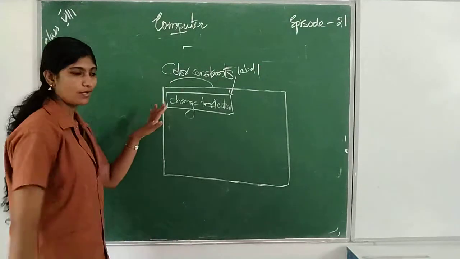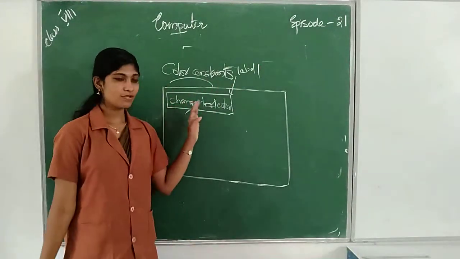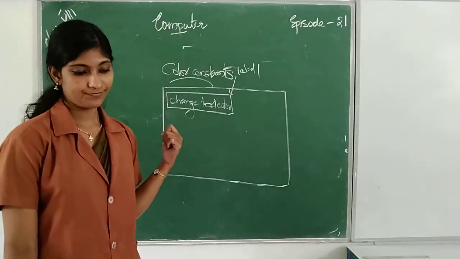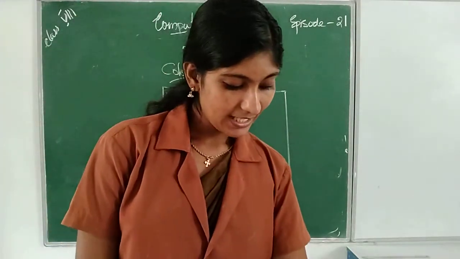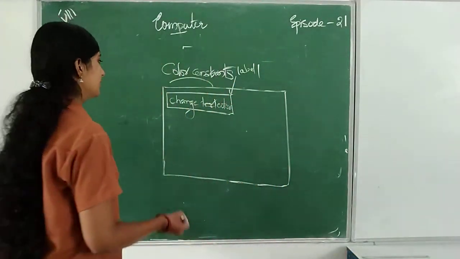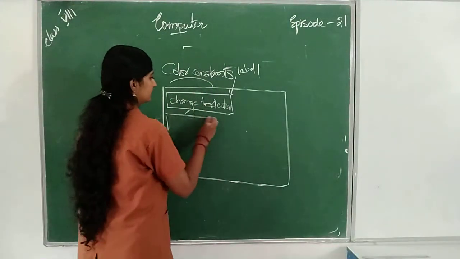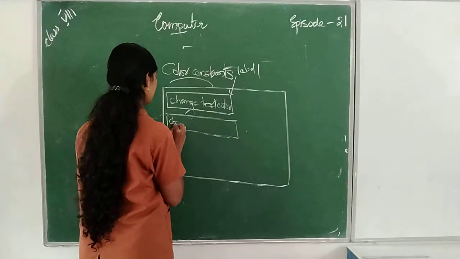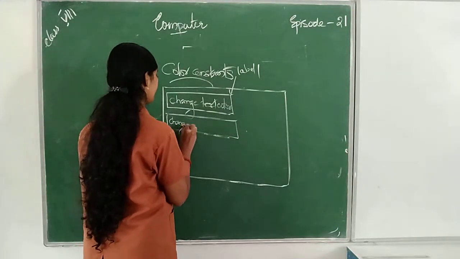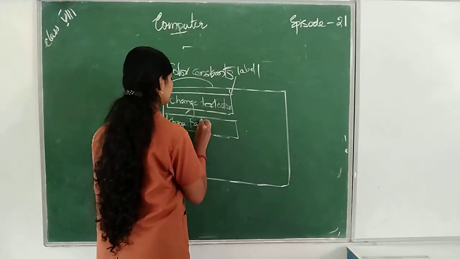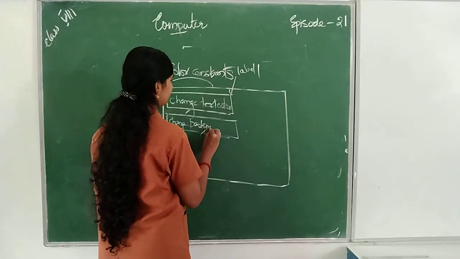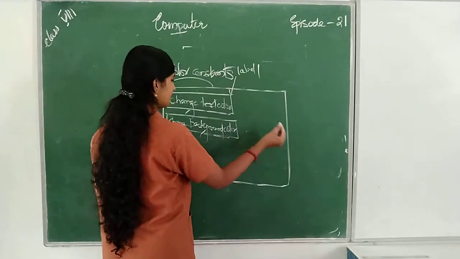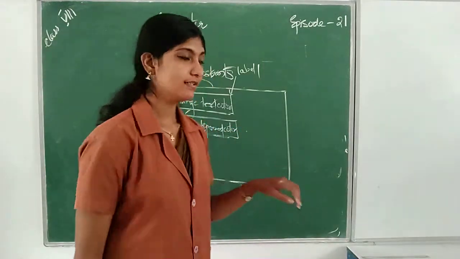First drag the label to here and then enter the name change text color for that label. The next label: change background color.